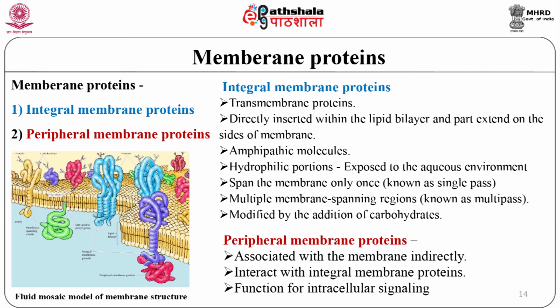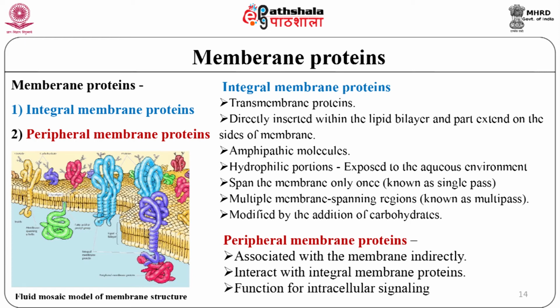Transmembrane proteins are amphipathic molecules. That is, they have both hydrophobic and hydrophilic regions. The hydrophilic portions of these proteins are exposed to the aqueous environment on both sides of the membrane. Some transmembrane proteins span the membrane only once, which are known as single pass, while others have multiple membrane spanning regions, known as multipass.